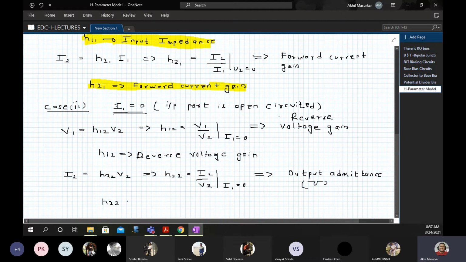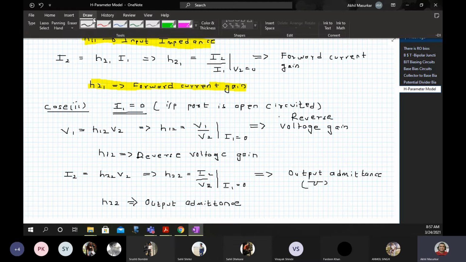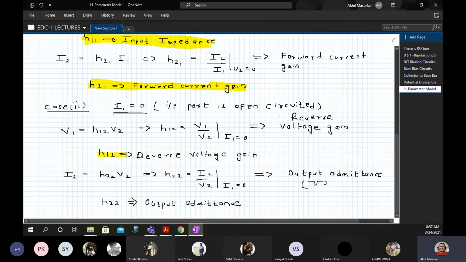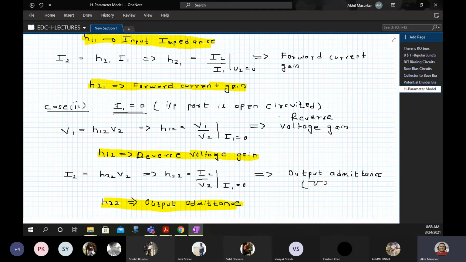So H22 is output admittance. So here we get reverse voltage gain and output admittance. So we have now all the four parameters defined.